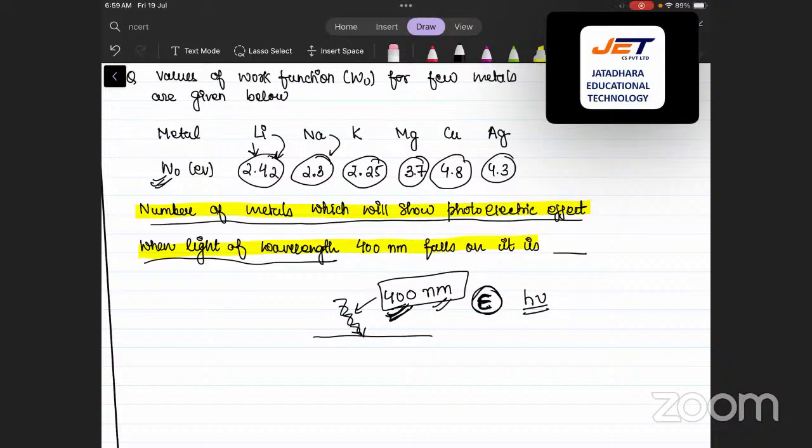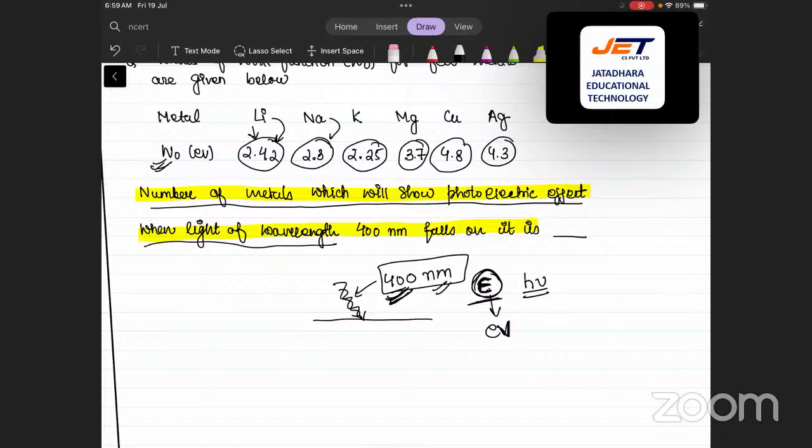Now whatever energy you have calculated, convert it into electron volt and compare it with these work functions. Let's suppose the energy coming with this wave is 3 electron volt.